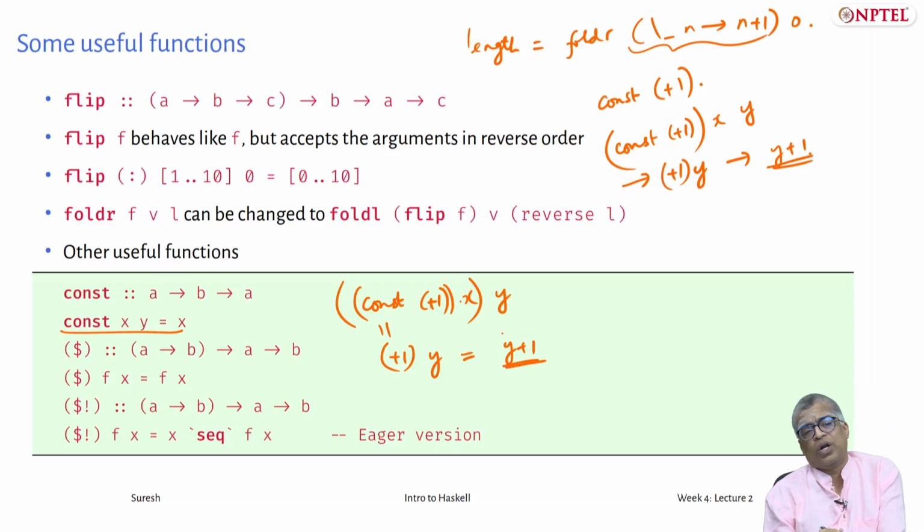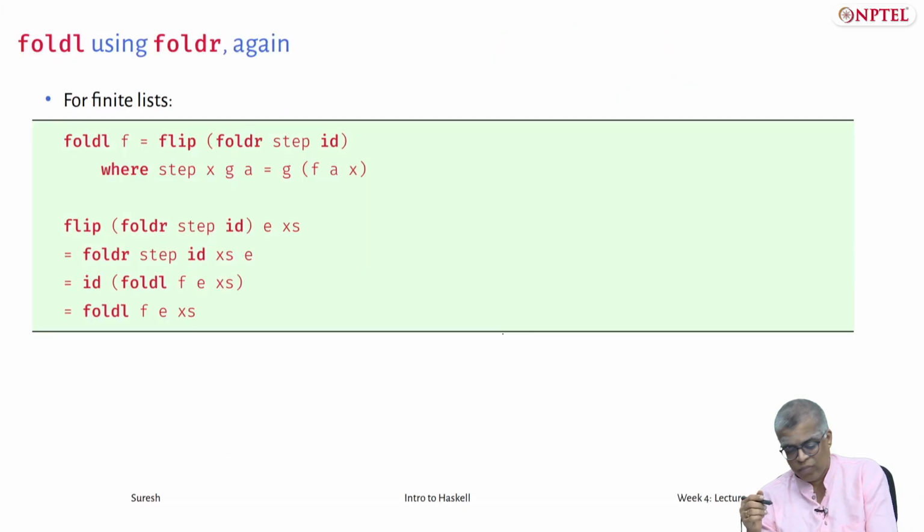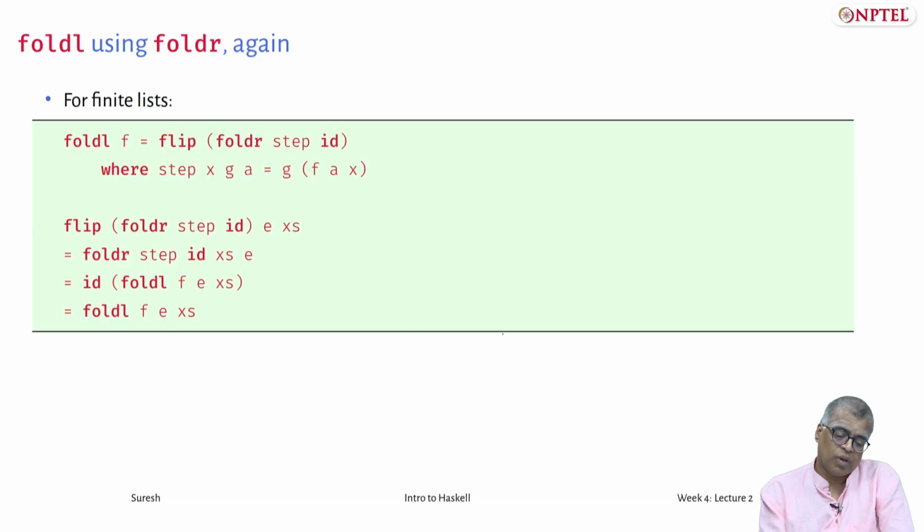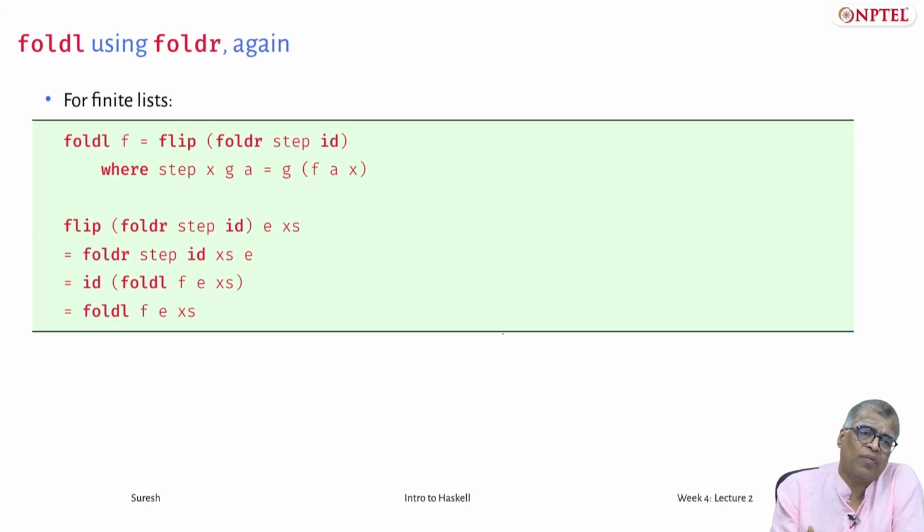Dollar we already saw; dollar bang is the eager version of dollar. I have just mentioned some simple ways of relating foldr and foldl, but this is really just for academic curiosity.